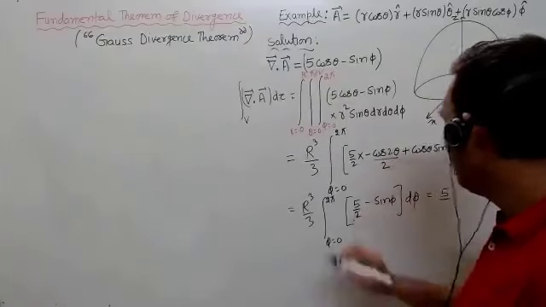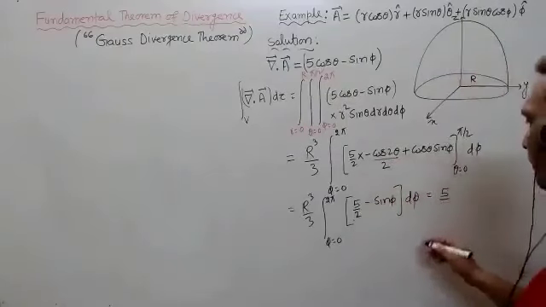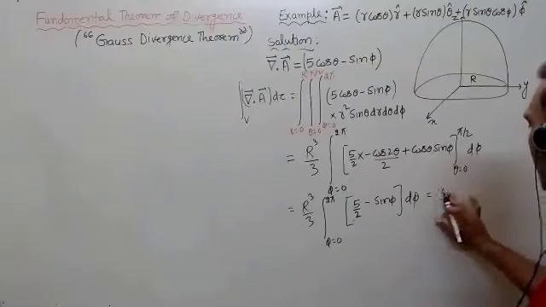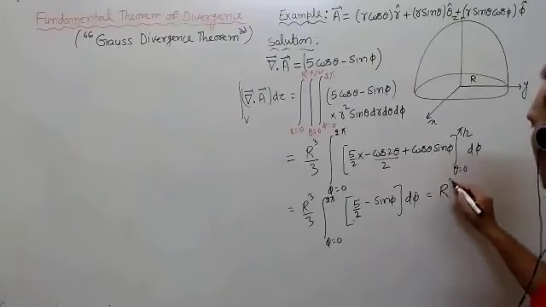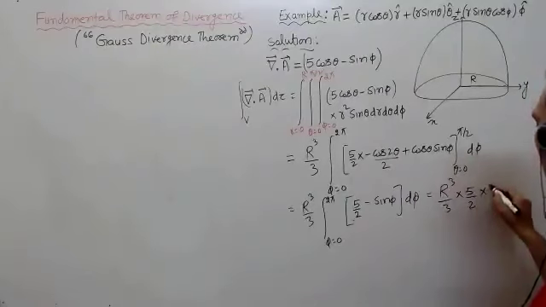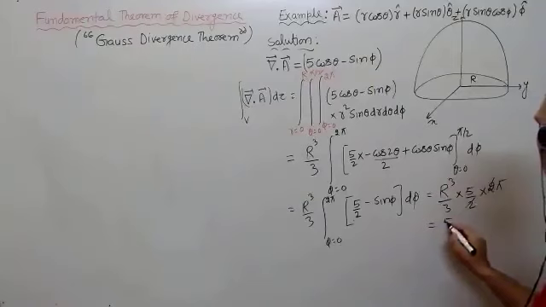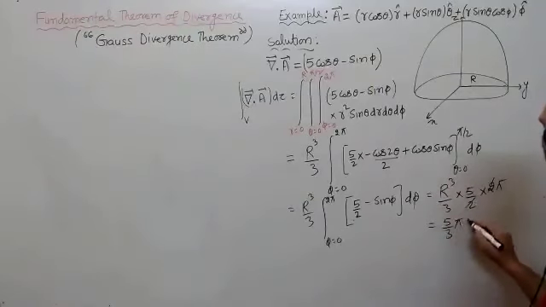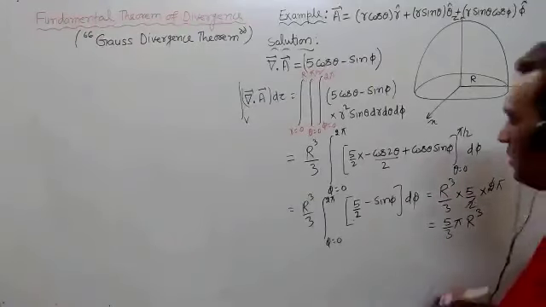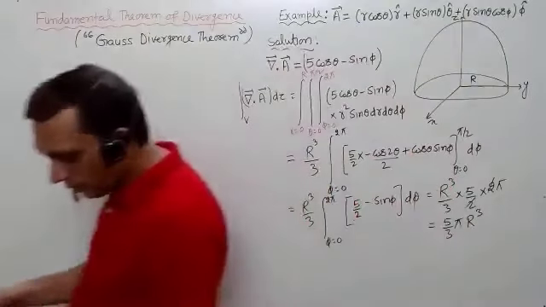So this will be 5 by 2. If you put phi, you will get r cube by 3 into 5 by 2 into 2 pi. So 2 will cancel out. You will get 5 by 3 pi r cube. So this is the volume integral.